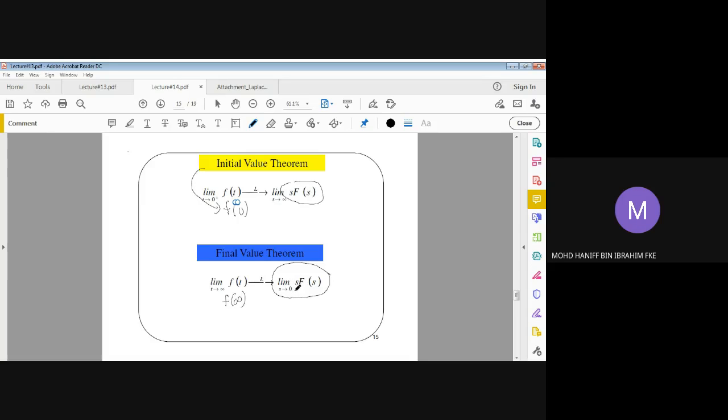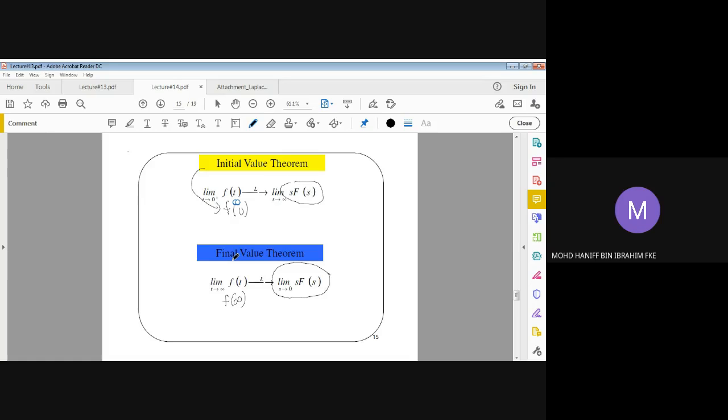By substituting s equal to 0 for these terms, we can then obtain the value of f infinite. That is why we call this the initial value theorem and this the final value theorem. Hopefully you understand this concept.